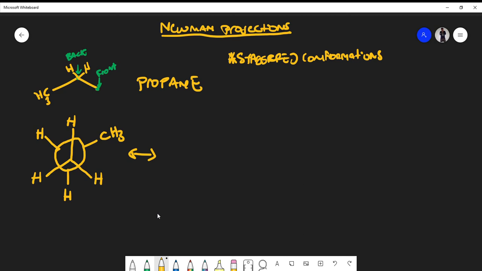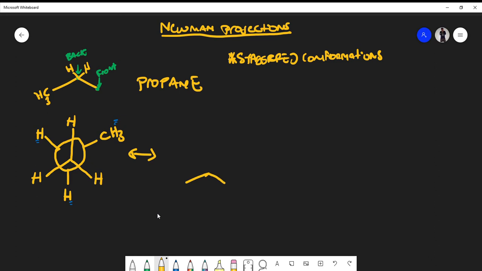My CH3 is going to come all the way down to replace this hydrogen. This hydrogen is going to move and replace the next hydrogen, and that hydrogen is going to move and take the CH3's place.